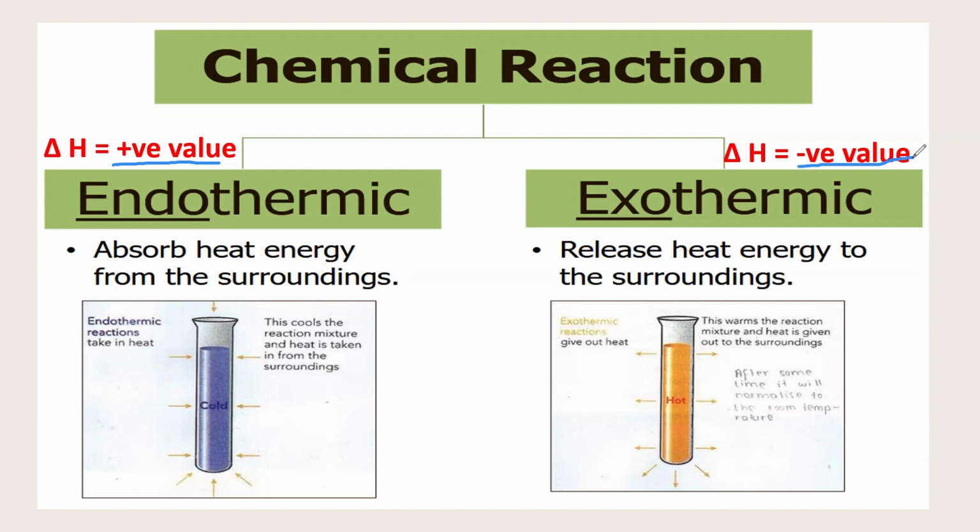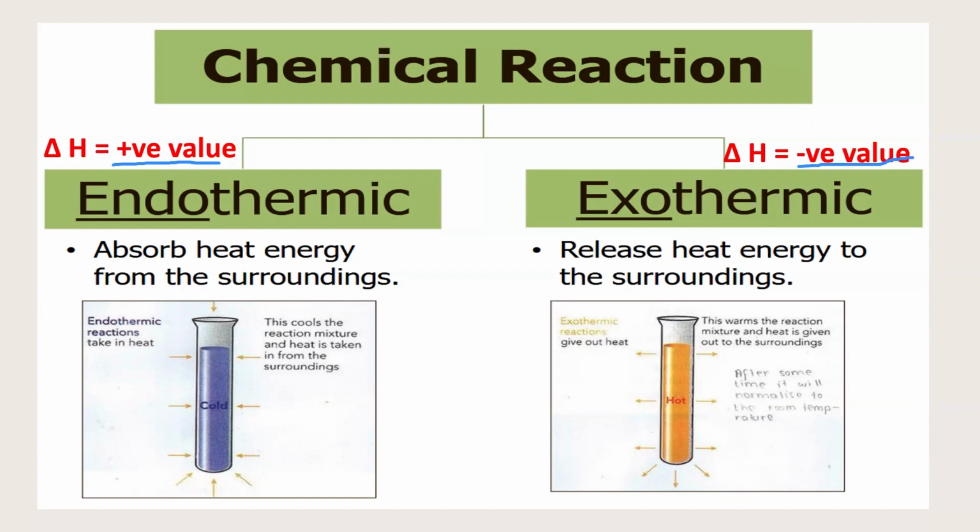So you can know the type of the reaction simply from delta H or by seeing where the heat is. But if you have a question without stating where the heat is, whether in the reactants or in the products, you can simply look at the delta H value, whether it is positive or negative. So you can know whether this reaction is endothermic or exothermic in two ways.